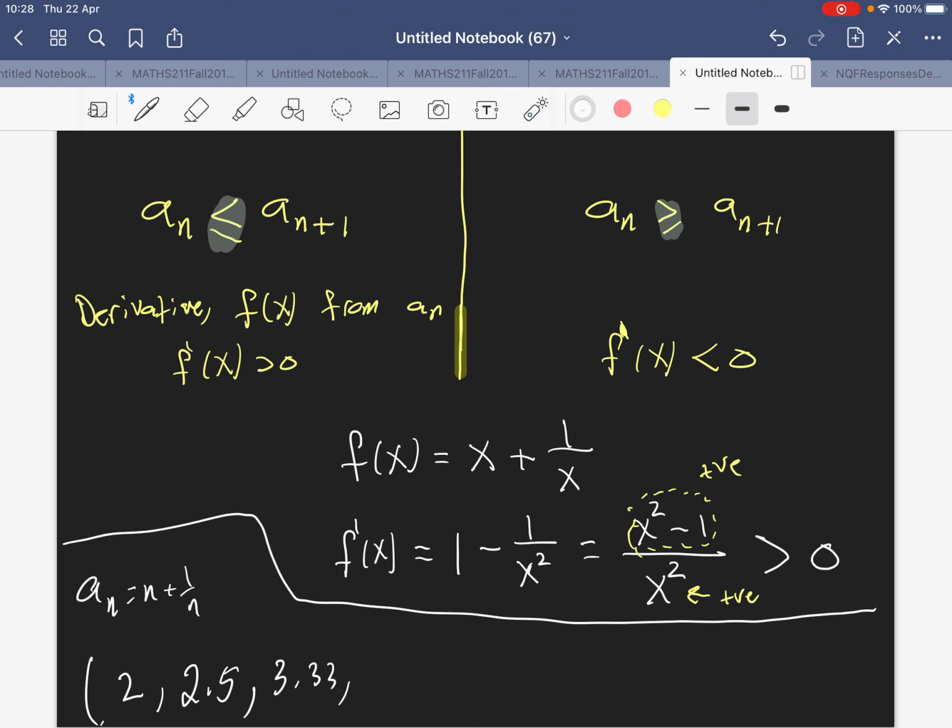The next one will be 4.25, the next one 5.2, the next one 6.17, and so on. Now this is clearly unbounded because the numbers are just getting higher and higher.